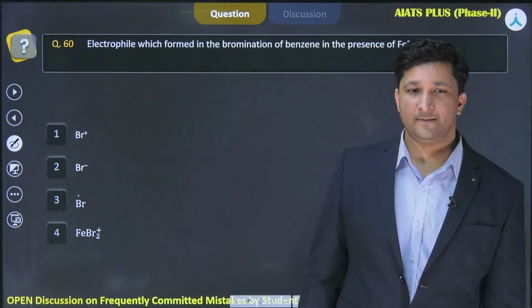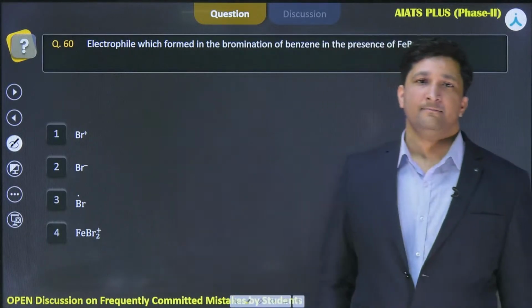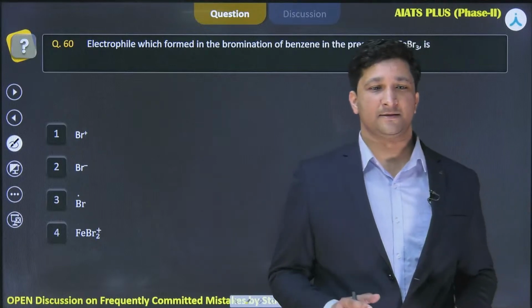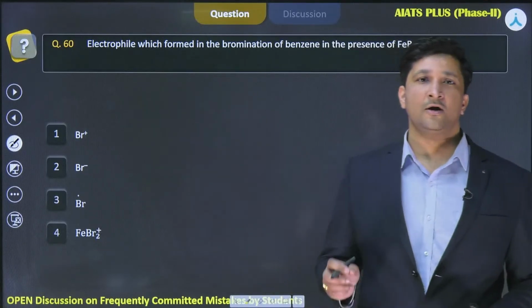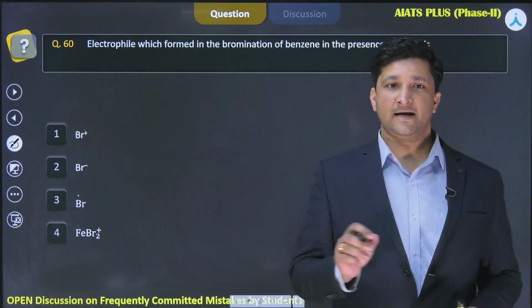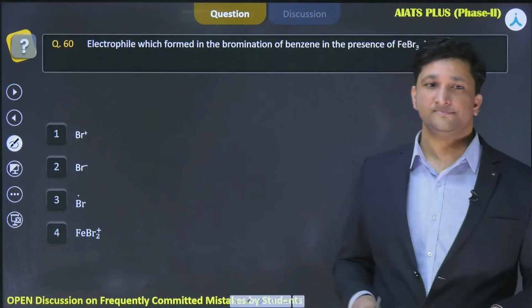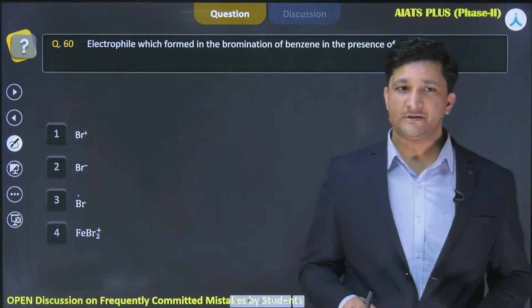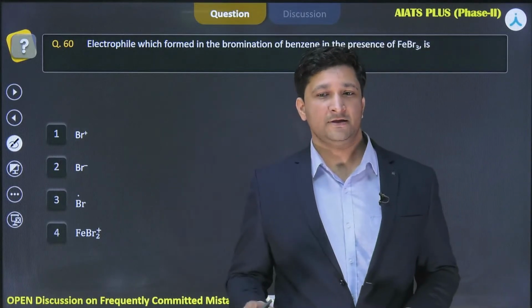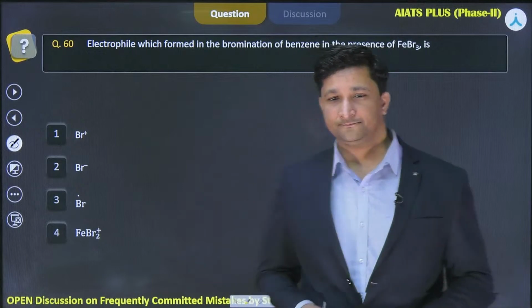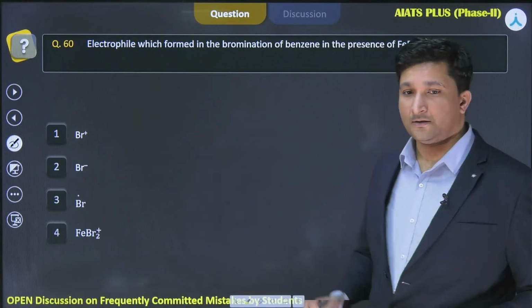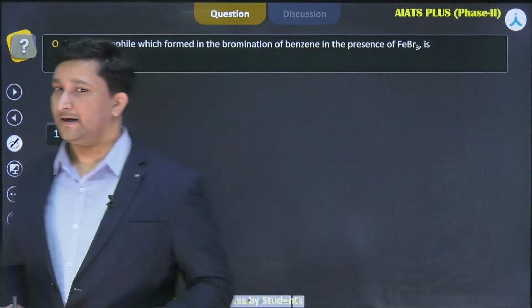So please write in the comment box what will be your answer here. Basically, we all know that electrophiles are substances that are electron loving. So they will attack the center where electron density is there, and themselves they are either electron deficient or have a positive charge. Is this clear? So FeBr3 is there, and you know what happens?